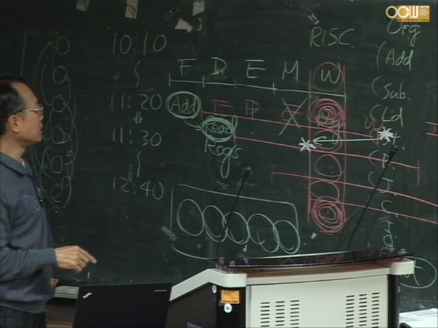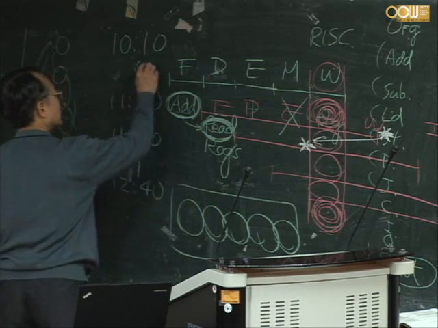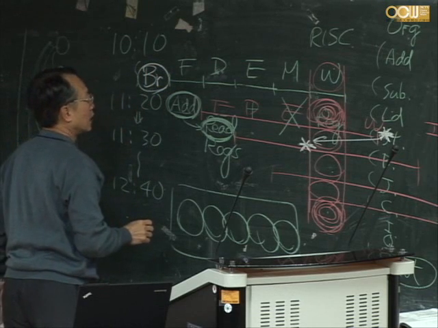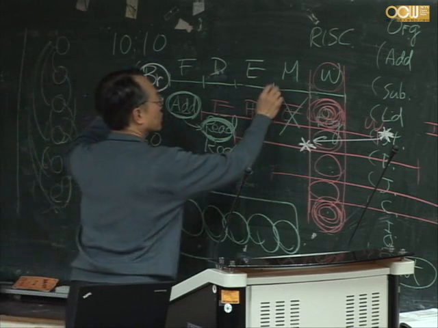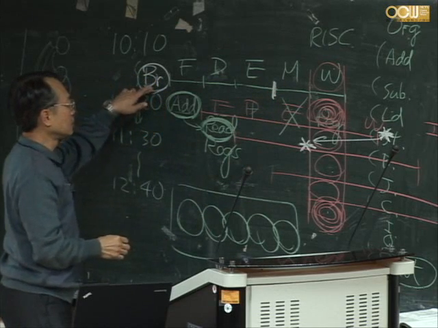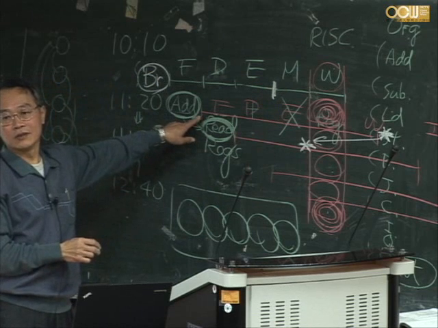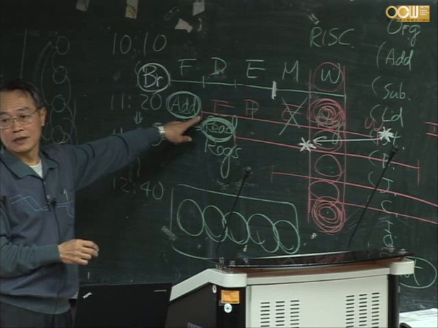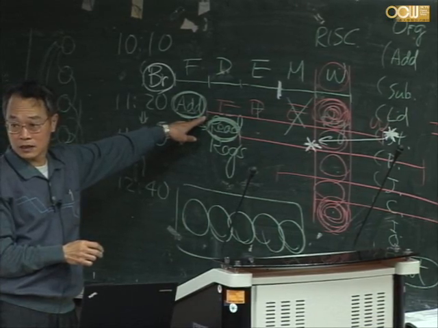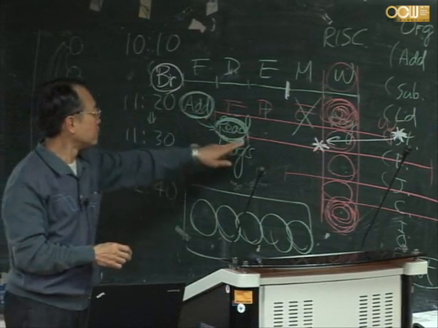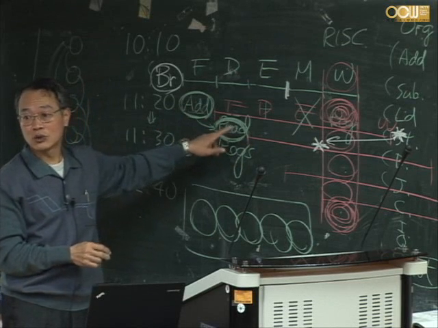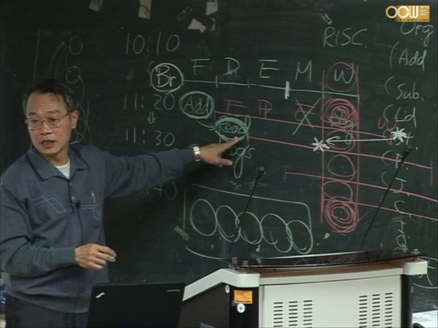Number three difficulty is if this is a branch instruction, and the branch is resolved at this point. So here, which instruction do you want to fetch? The subsequent one or the target one? You don't know yet. Even for this one, you don't know yet. So you may very likely fetch in the wrong instructions. Okay?